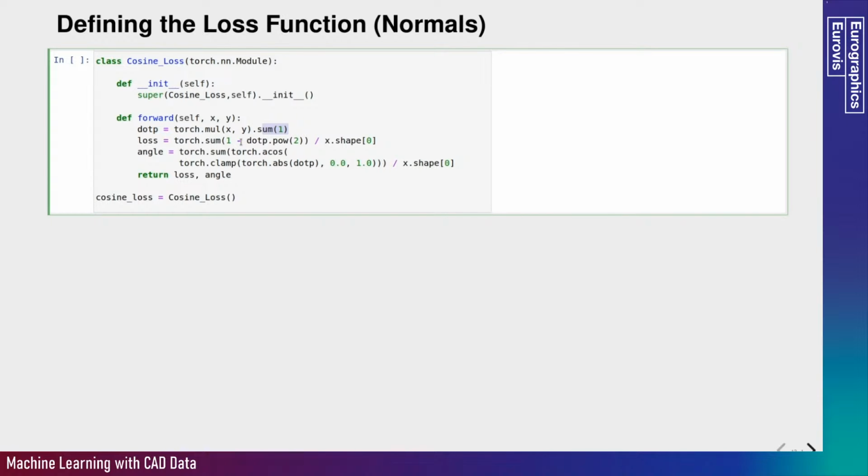The dot product itself is a measure for how well these 2 normals match. If they are pointing in the same direction, the dot product will give us the value 1. If they are pointing in exactly opposite directions, the dot product will have the value -1. And if they are perpendicular or orthogonal to each other, the dot product will have the value 0. We're not directly taking the dot product as loss.